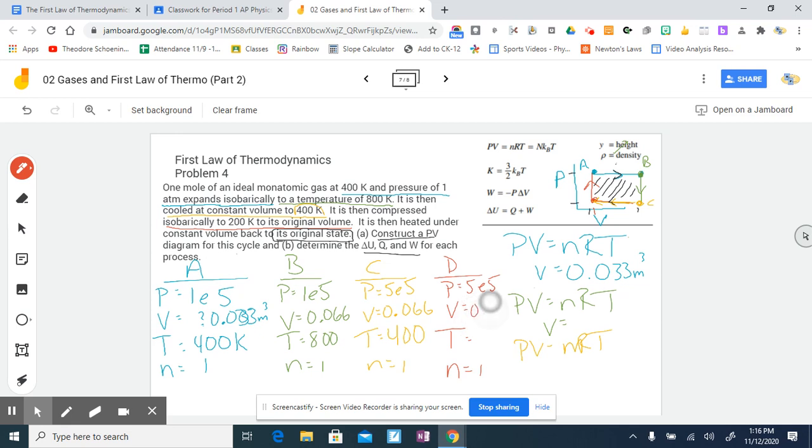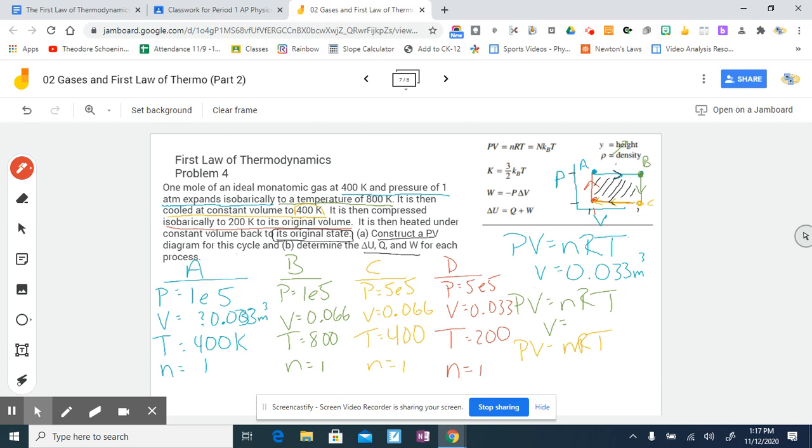That was 0.033. And then the temperature looks like it was given at spot D. The original temperature was 200. So actually, I didn't even need to do PV equals nRT to do that one if I didn't want to.